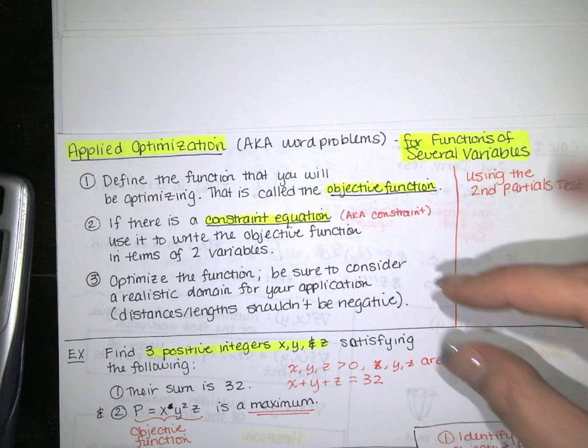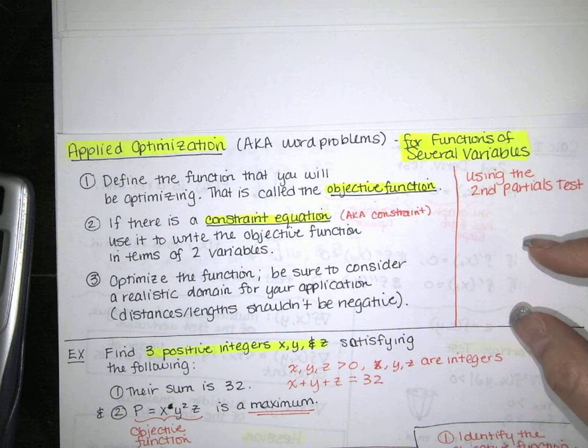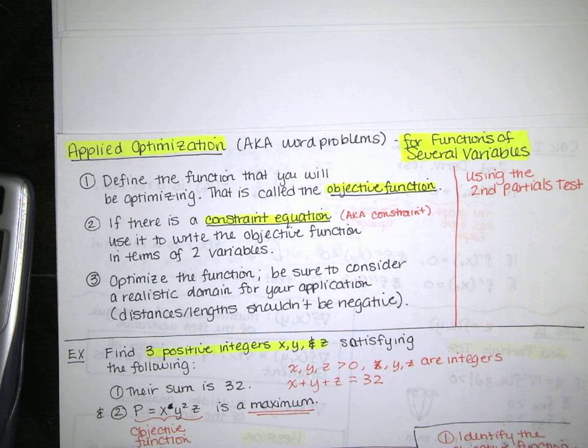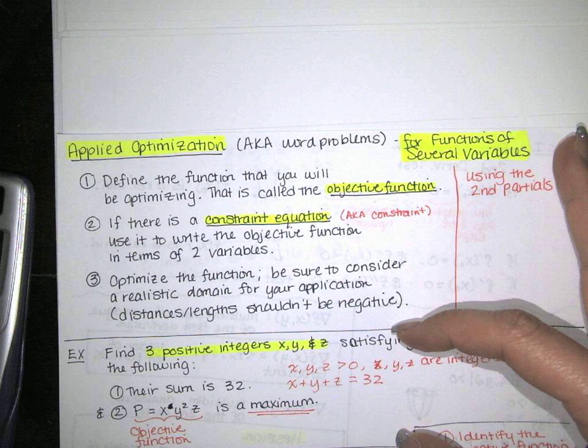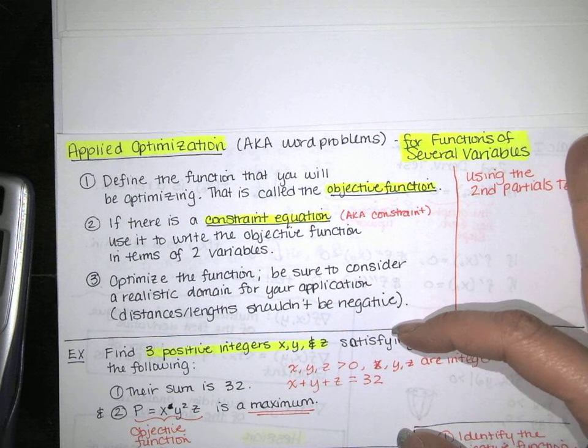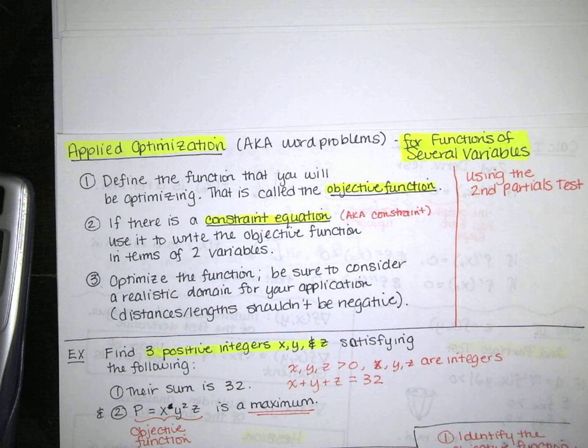So we optimize the function the way we did previously, just using the second partials test, but we throw out any critical points that don't satisfy the constraints or the requirements of the problem that we were given. After we do that, then of course we use the second partials test to make sure we found the min or the max that we were trying to find.